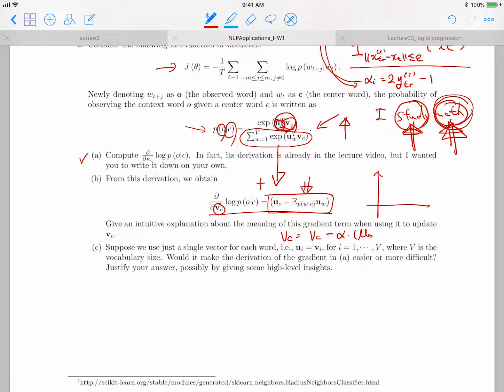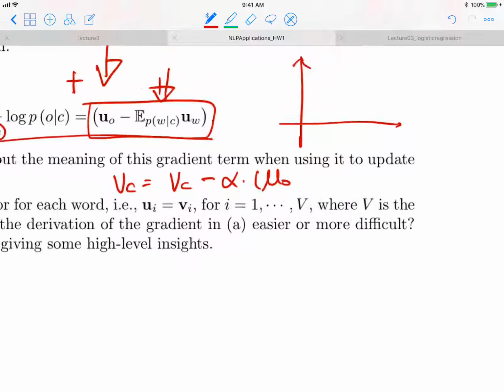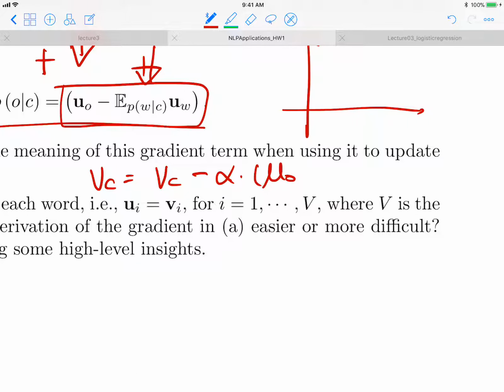But here we omitted the negative sign, so it is the one we want to maximize. So the sign for our gradient ascent in this case should be positive. Anyway, it is defined by this.